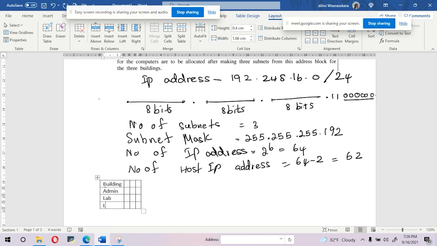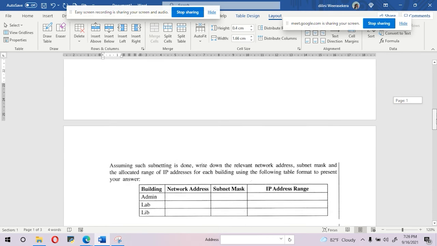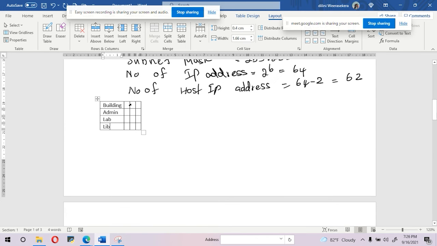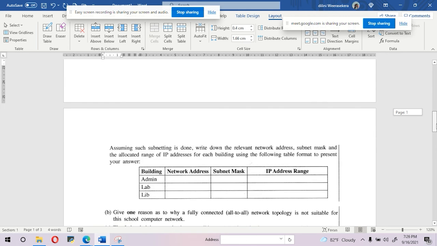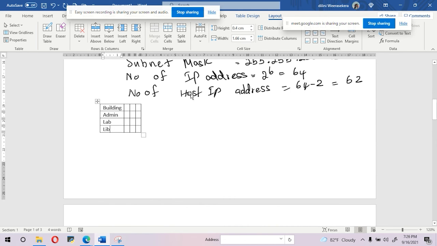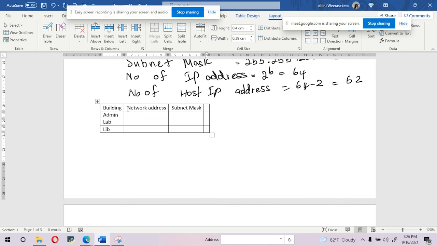Next, they are asking for the network address, subnet mask, and IP range.